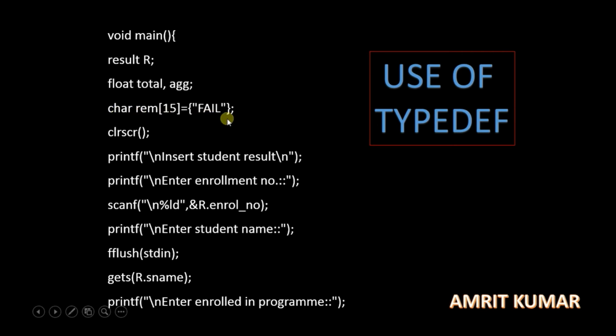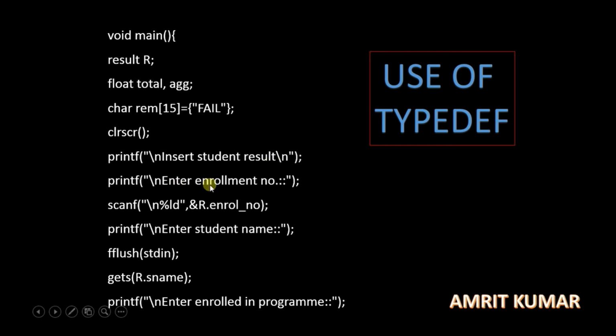Then after that I am using the clrscr function. So its work is to clear the screen. Okay. Then after that I am using the printf function. So insert student result will be displayed on the screen.